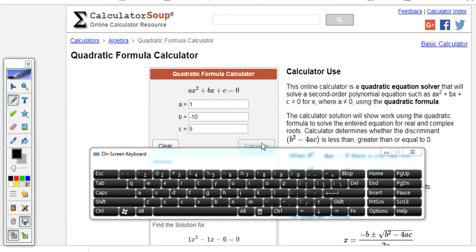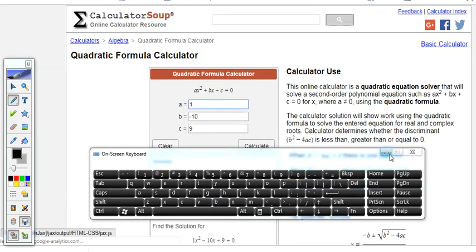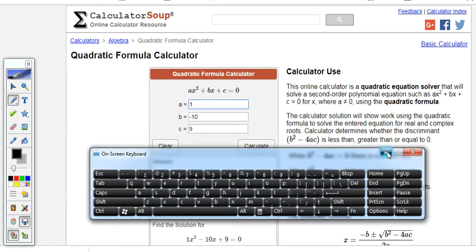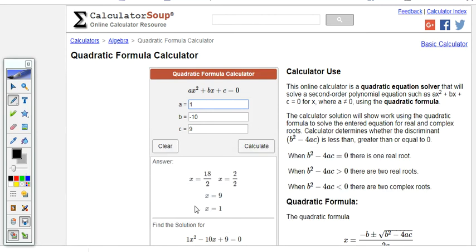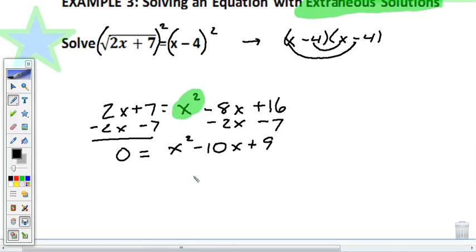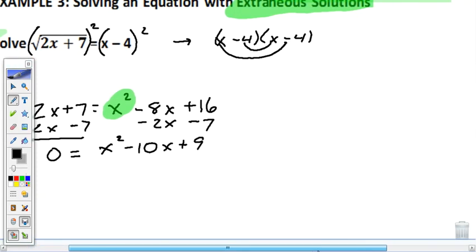Okay, so when I go ahead and calculate this right here, the answers I get are what and what? 9 and 1. So it's telling me 9 works, and it's telling me that 1 works. So if I go back into my notes right here, I'm going to make a little T-chart, because this is interesting.